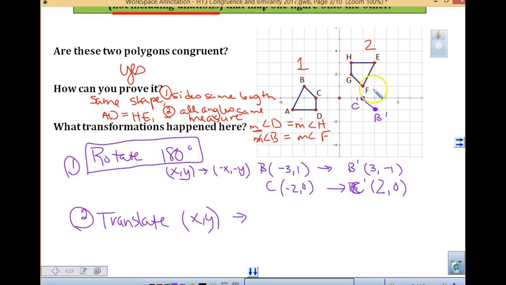I'm going up 2 and to the left 1. If I was going to write that as a sequence, Devin, tell me. There you go. Okay, I can write it this way, translate it that way, or I can write it out as a rule. Does that make sense? Okay.